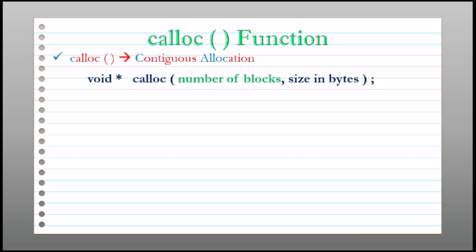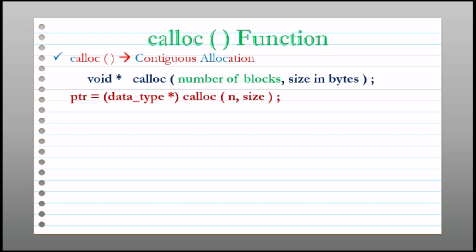Now we will see how we can use the calloc function. This is the syntax of using the calloc function. Here ptr is a pointer variable which is used to save the address of the first byte of the first memory block.